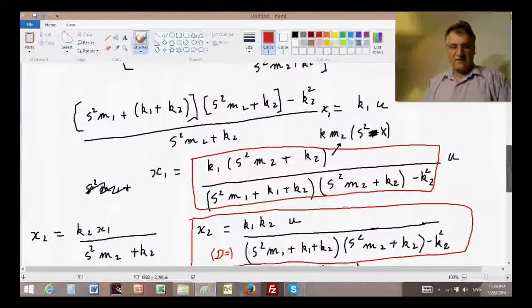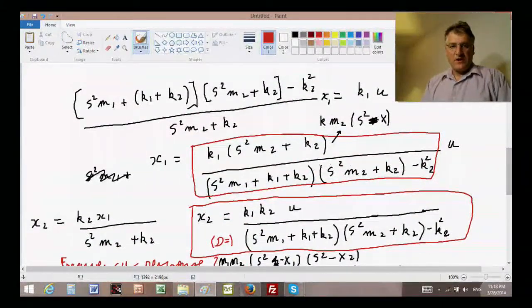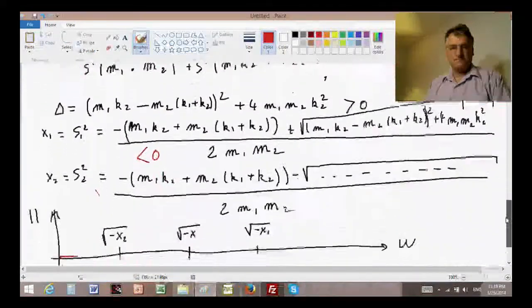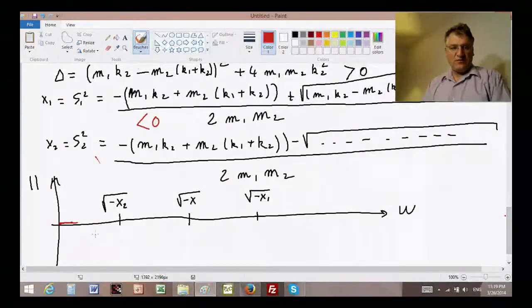We can see that by letting s go to 0 here. Low frequency, this is K1 K2 divided by K1 plus K2 times K2 minus K2 squared, which is K1 K2. Therefore, at low frequencies, this gain is 1. The same holds true here as we let s go towards 0. Therefore, in both cases, we have this.